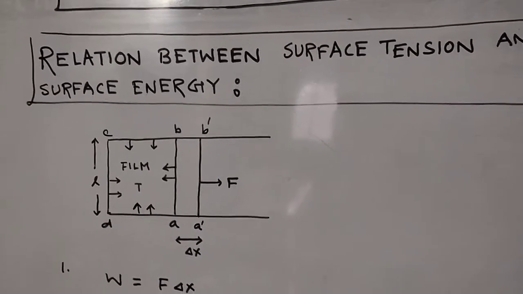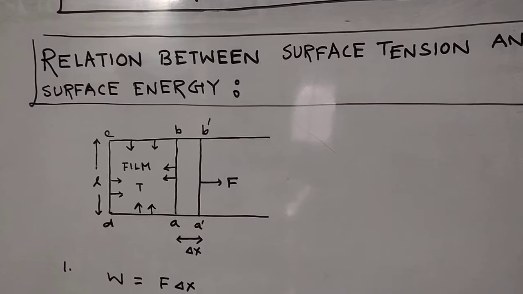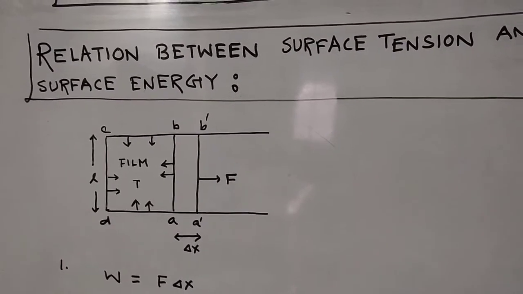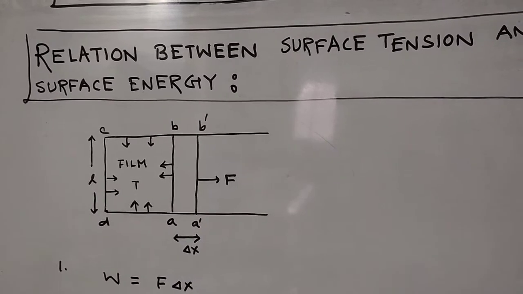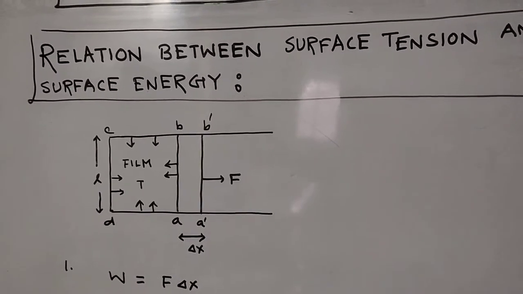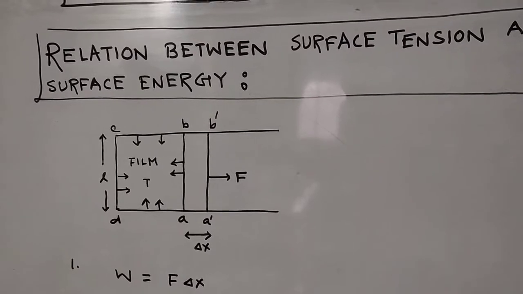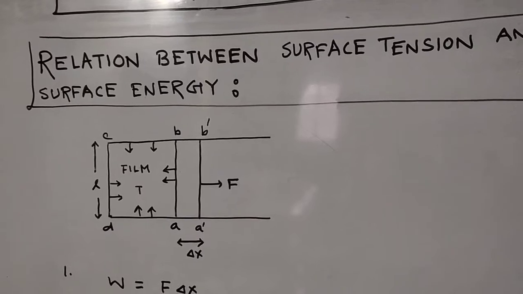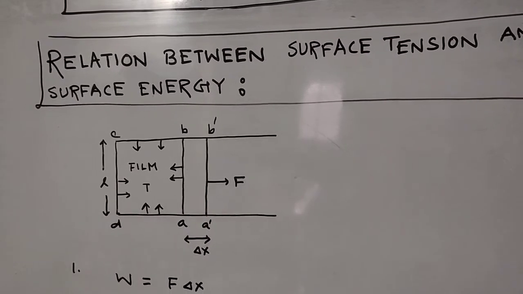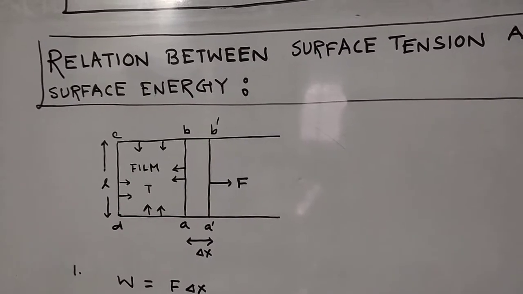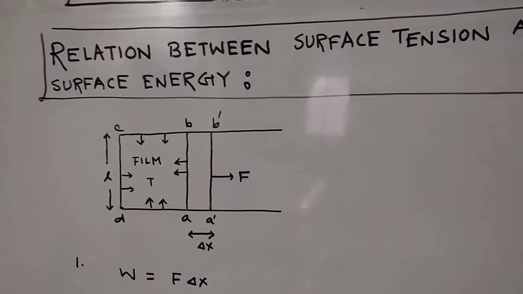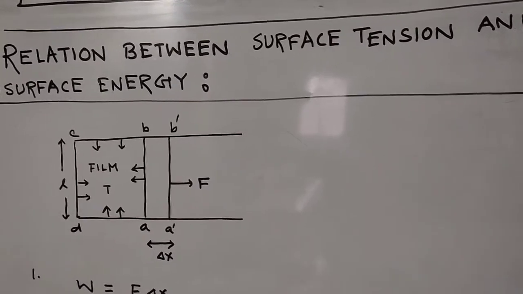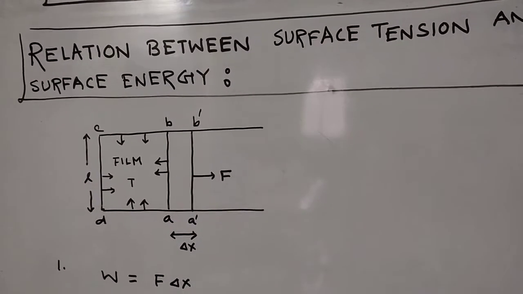Now as per the definition of surface tension, it will try to minimize this area. To minimize the area, the film pulls the boundary. It will pull CB, AB, AD, and CD, and that tension we have defined by capital T. Tension always tries to minimize the area, but our job is to increase the area.